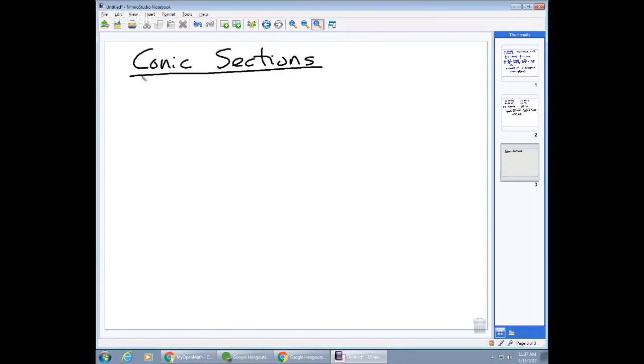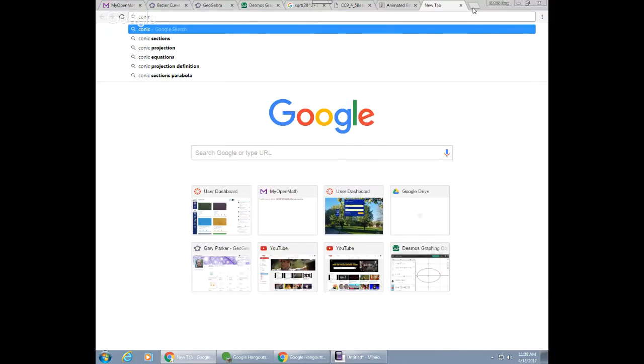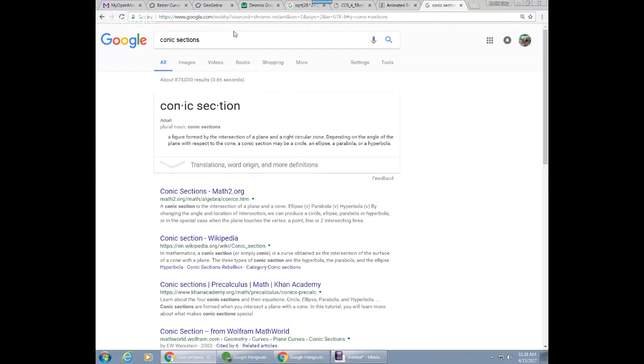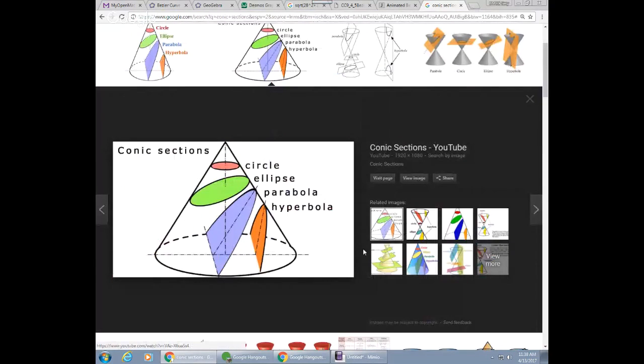So there's a couple of different ways to generate conic sections. One way is, and I need an illustration that's better than I can draw. Images. Okay, they're slices of a cone. So if you slice through a cone perpendicular to the major axis of the cone, you get a circle.